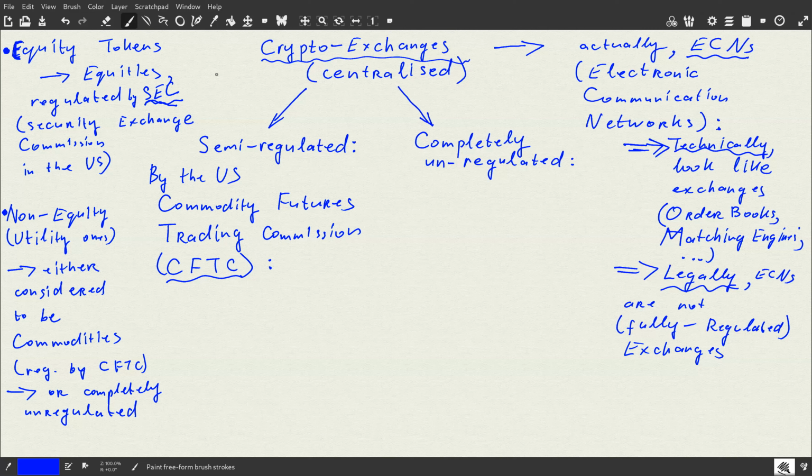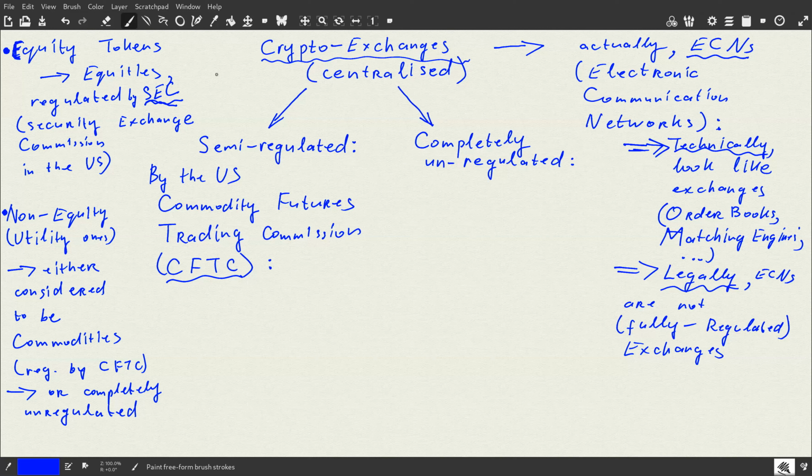So you really need to convince SEC that it is not an equity. Both Facebook and Telegram failed to convince SEC that the corresponding tokens were not equities. And that's why they could not sustain the regulations which were coming upon them, and the projects were terminated.